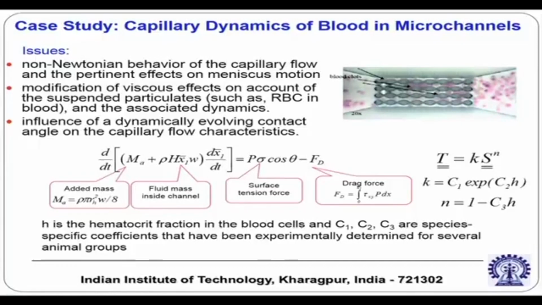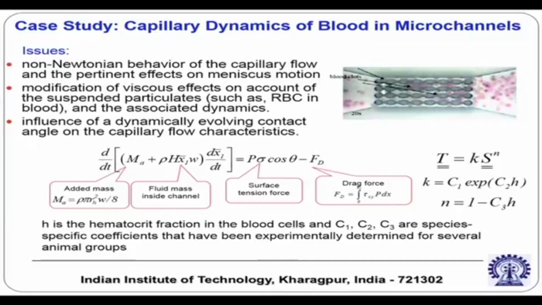So, T is equal to K S to the power n, where T and S we have discussed, these are stress and rate of deformation dyadics. Now, this K and N are again dependent on several parameters.